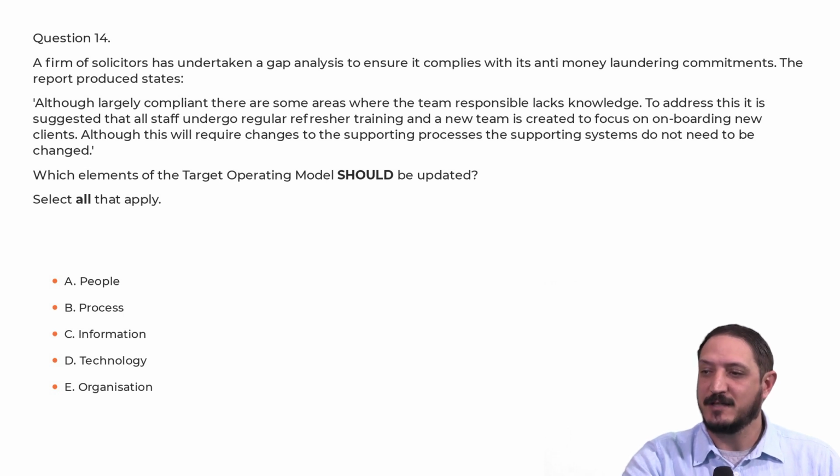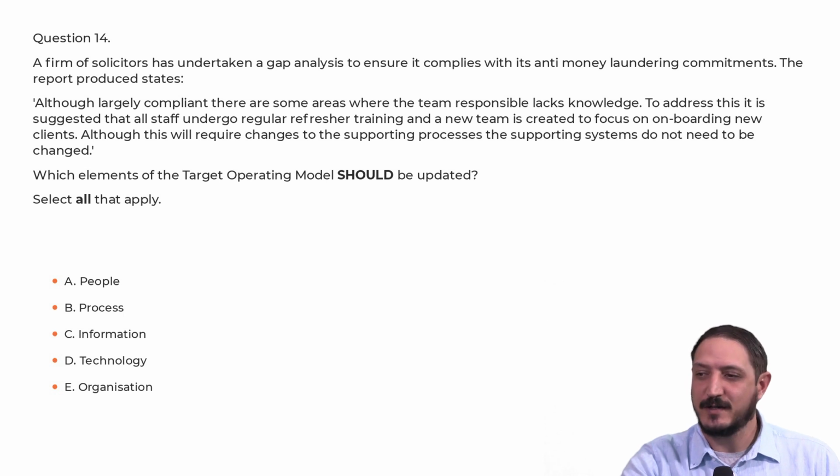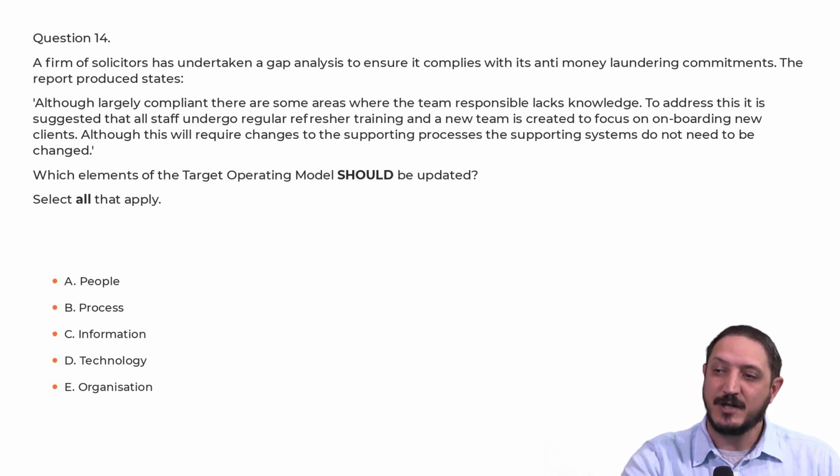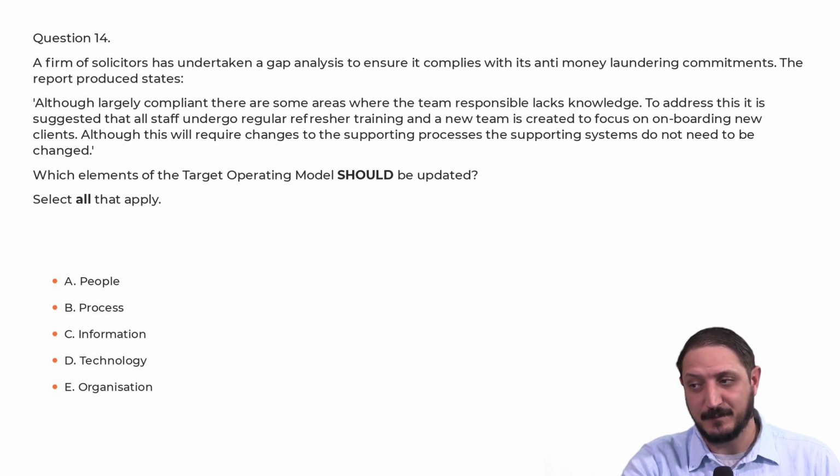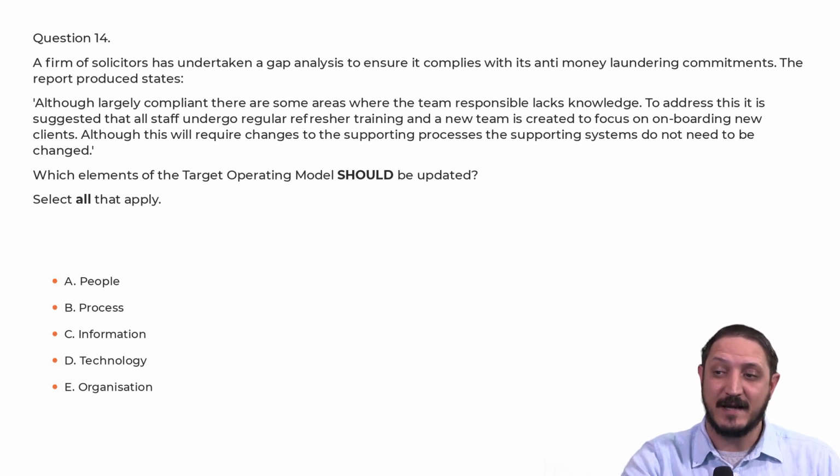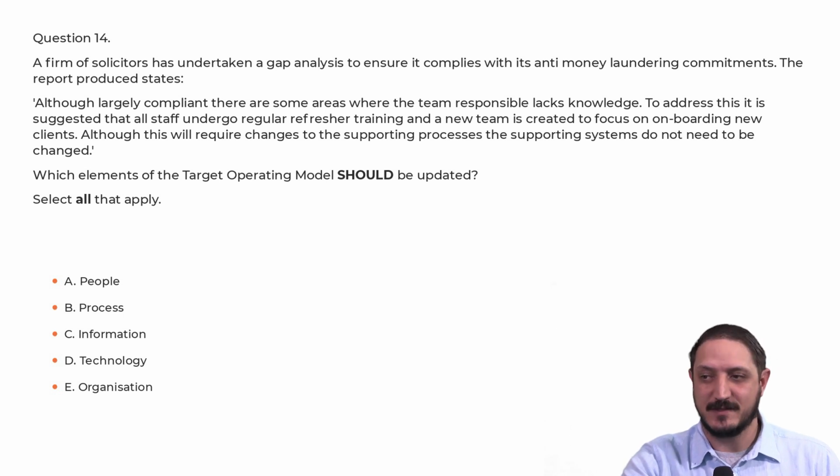Although this will require changes to the supporting processes, the supporting systems do not need to be changed. And then the question is, which elements of the target operating model should be updated? There are 5 selections, A to E, which are people, process, information, technology, and organization.